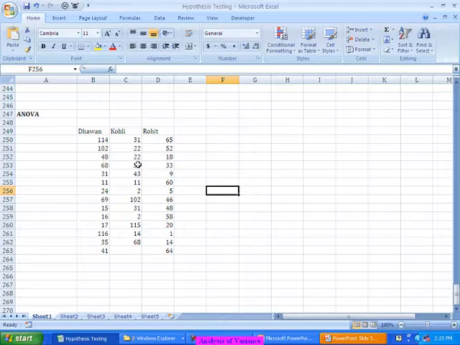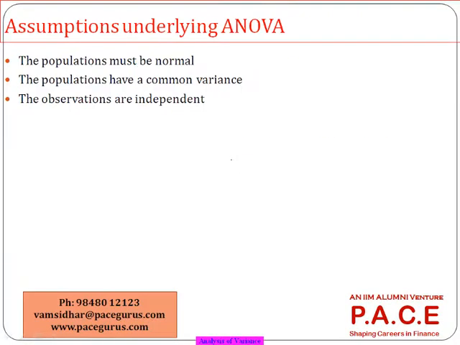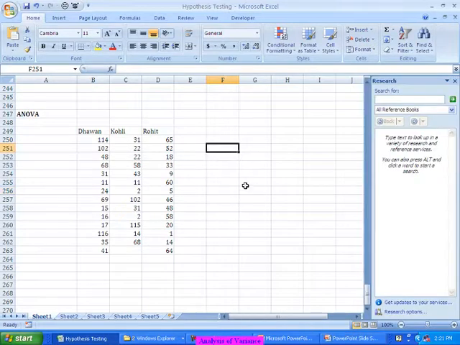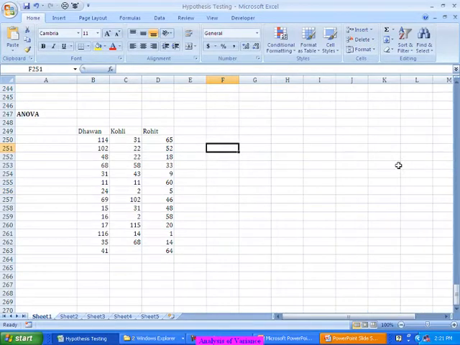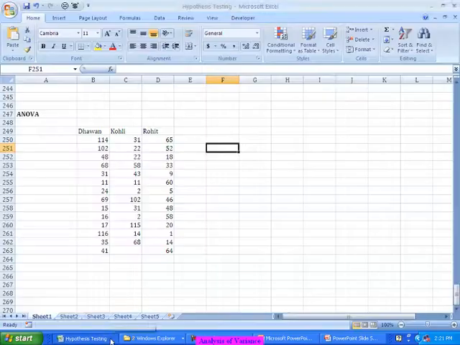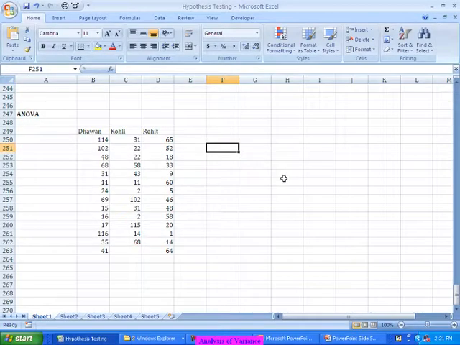Now, some of the key terminology we need to be comfortable with as part of the ANOVA analysis is K. This is the letter typically used to denote the number of treatments.